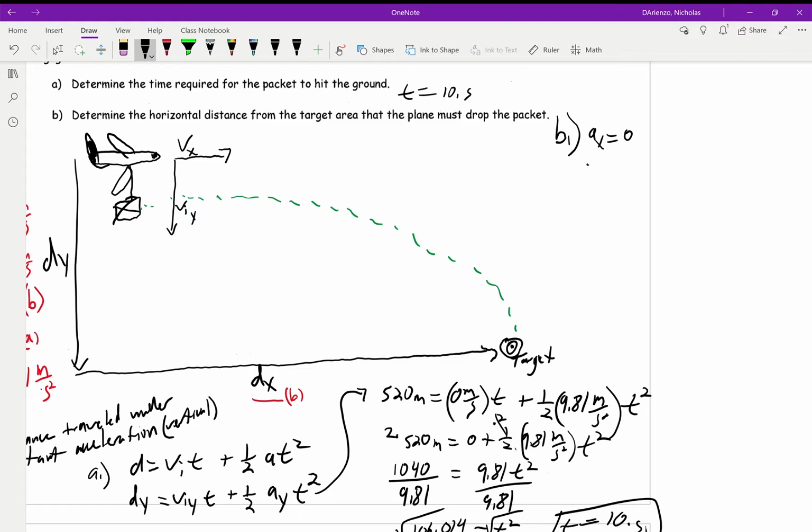We know that the initial velocity in the x direction, which is the speed that the plane is moving, is 280 meters per second. We know that the time it's going to take for that packet to get to the ground is 10 seconds. And we don't know the distance in the x direction.